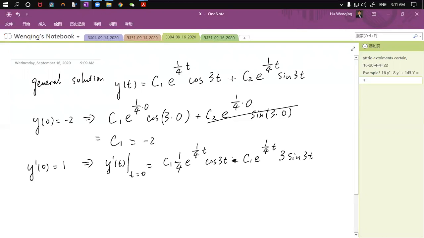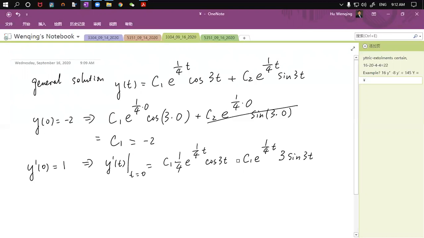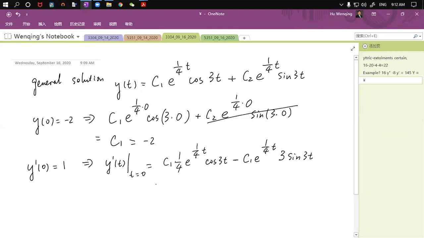So this plus sign is actually a minus sign. And then it's going to be plus c2 times 1/4 e to the power of 1/4 t sine 3t. And then plus c2 e to the power of 1/4 t, and then 3 times cosine 3t. So that's the derivative.